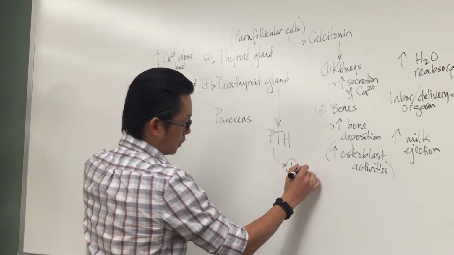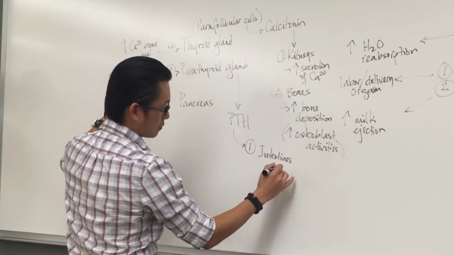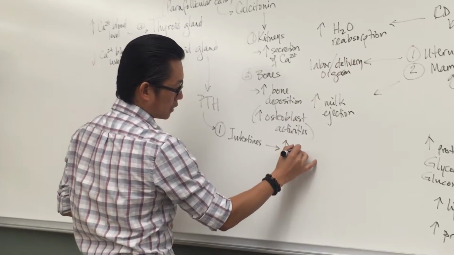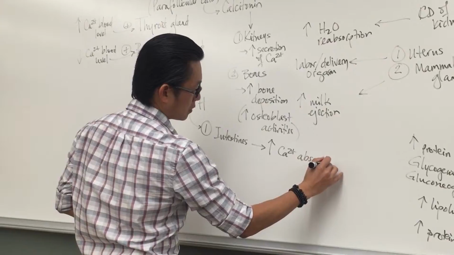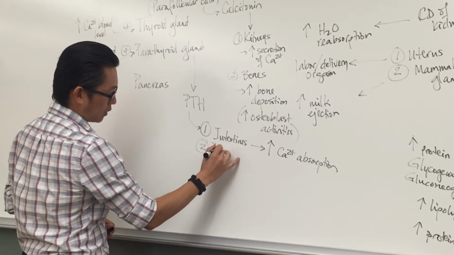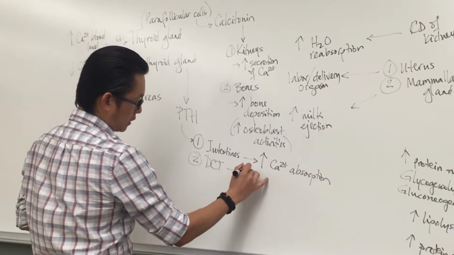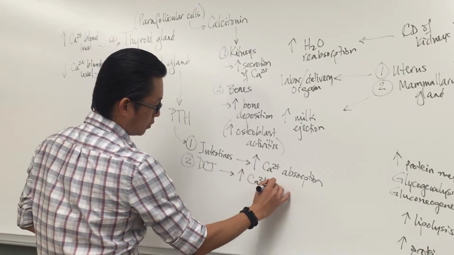One goes to the intestines and tells the intestine to increase calcium absorption. Two goes to the distal convoluted tubules of the kidneys and tells that to increase calcium reabsorption.